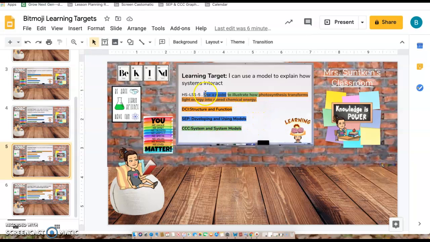In this one we're going to be using a model. You'll be given a few models, and you'll also be drawing a couple of models on your own. That's our science and engineering practice, developing and using a model to explain different things. The next part, to illustrate how, is our cross-cutting concept, which in this case is systems and system models.